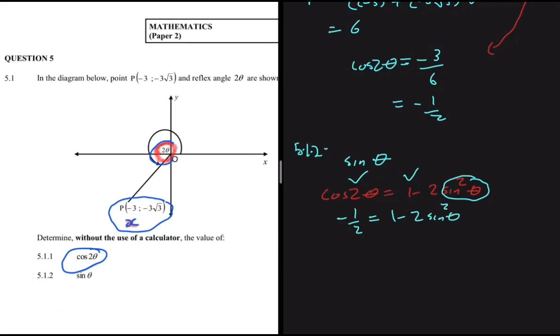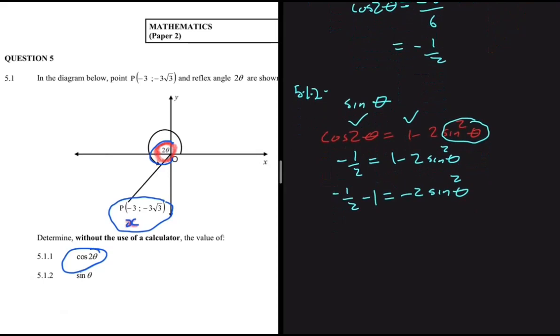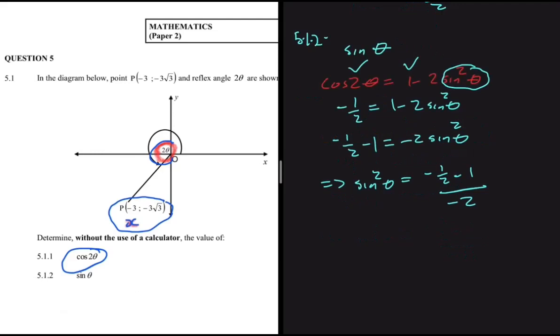So if we do that, we're going to get minus a half minus 1 is equal to minus 2 sine of theta squared. So let's just divide both sides by minus 2. So this would imply that we would get sine of theta squared being equal to minus 1 divided by 2, minus 1 divided by minus 2, and we should get 3 divided by 4, right?